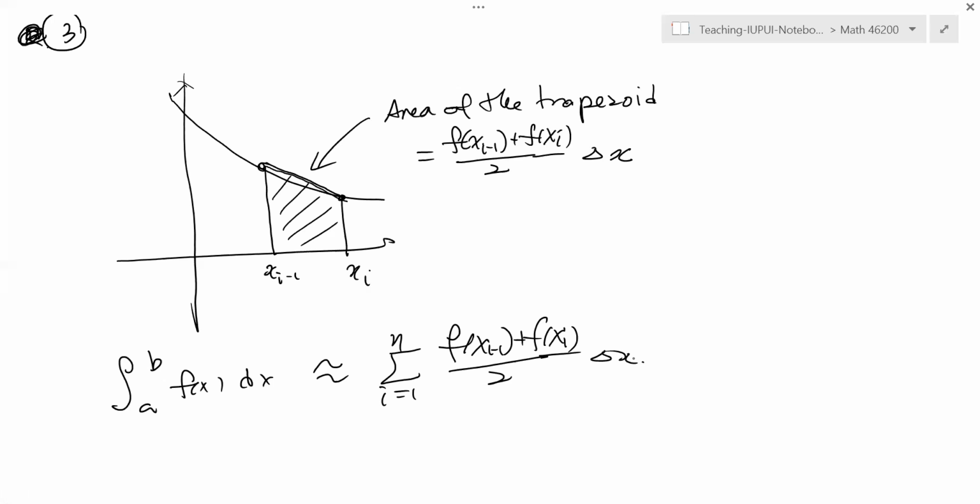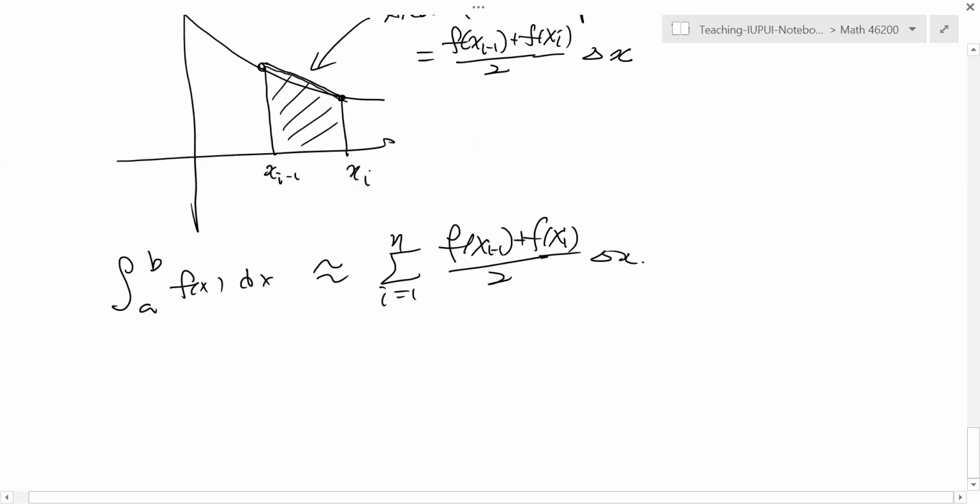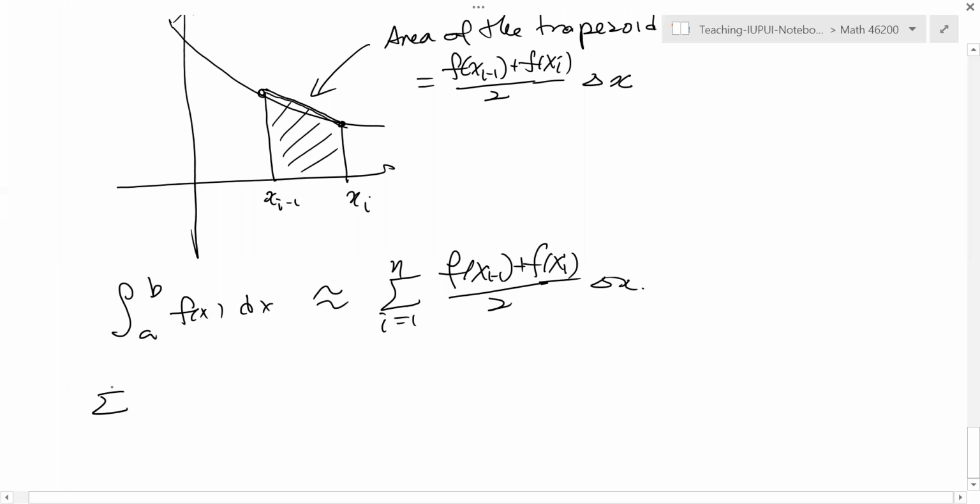but it's not obvious in mathematics why this would be a good approximation. Why this limit on the left-hand side, on the right-hand side is going to be the same integral. So let me explain to you for this one, so it'll be easier to explain.